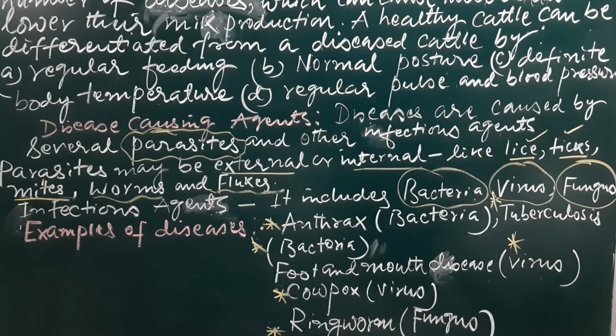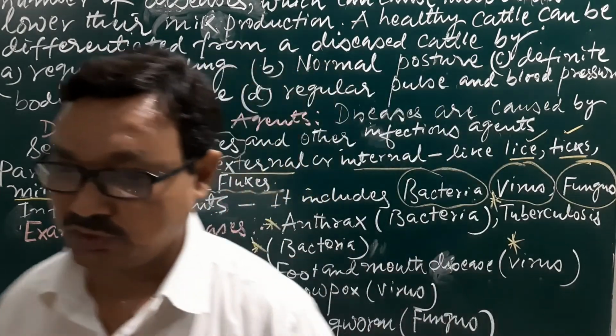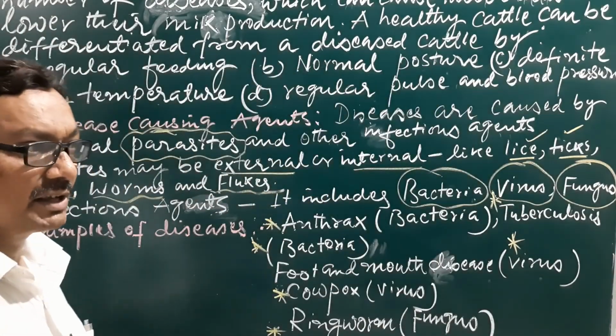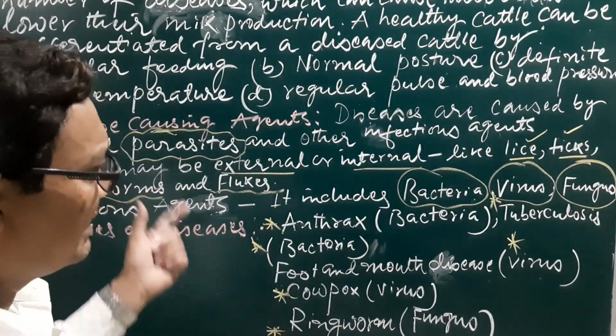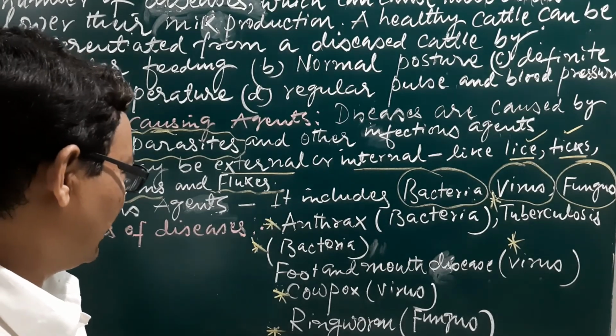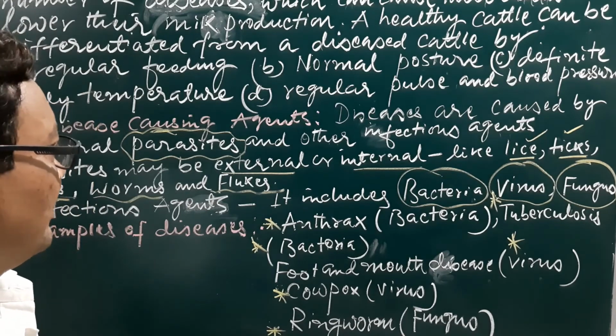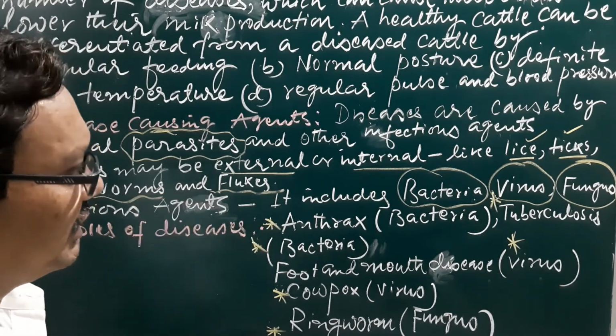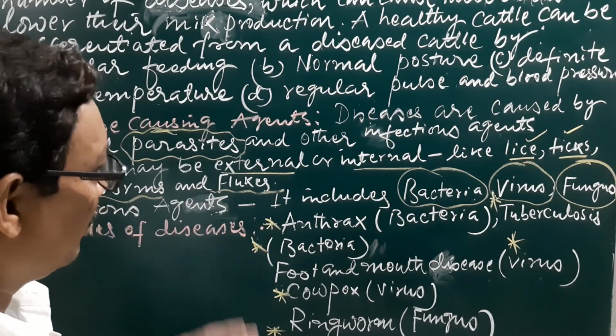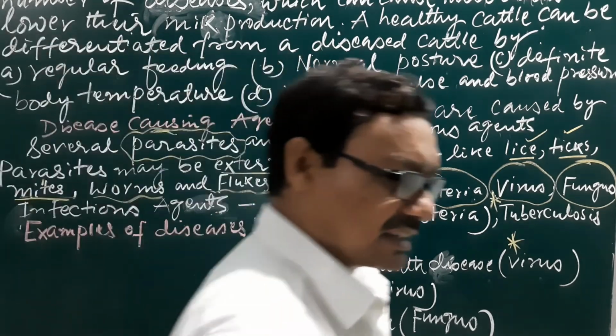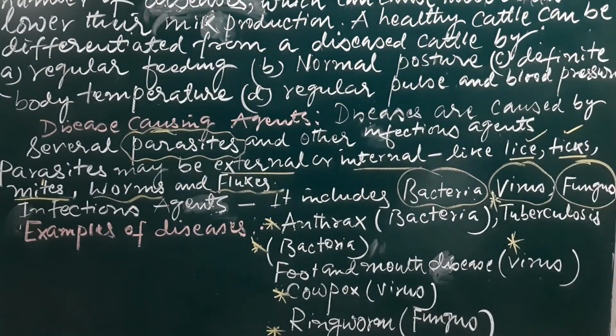So this is the disease. There are vaccination arrangements also, medicines also, regular checkups, and medicines are available for our cattle, our dairy animals, and that's why we have to be careful regarding their abnormalities and consult veterinary doctors.